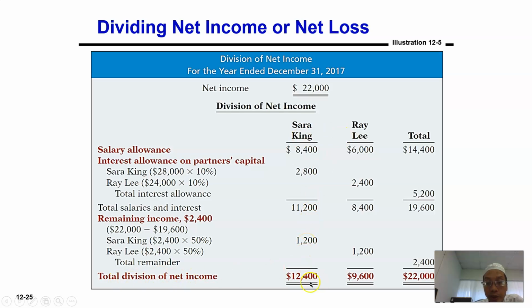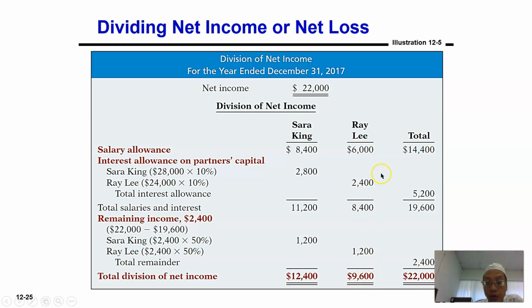So as a total, King will receive 12,400, which comes from 8,400 of salary, 2,400 of interest allowance, and 1,200 remaining income share. Whereas Lee will receive 9,600.